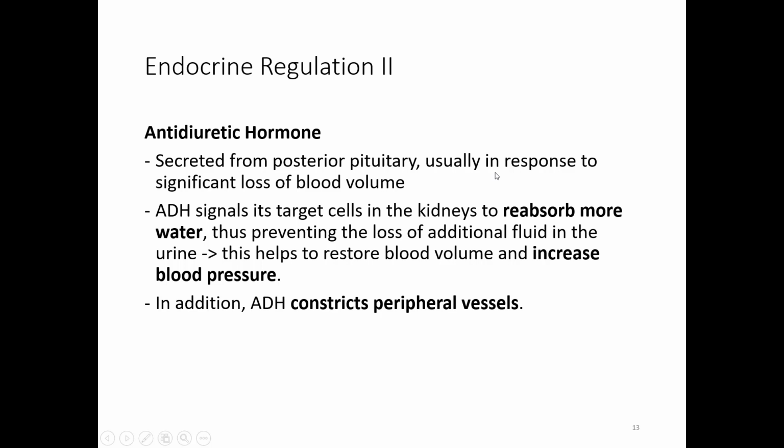So it happens very often in response to significant loss of blood volume. It can be due to the bleeding, or it can be just due to the dehydration when you don't drink enough fluid. In addition, antidiuretic hormone constricts peripheral vessels, also increasing blood pressure.